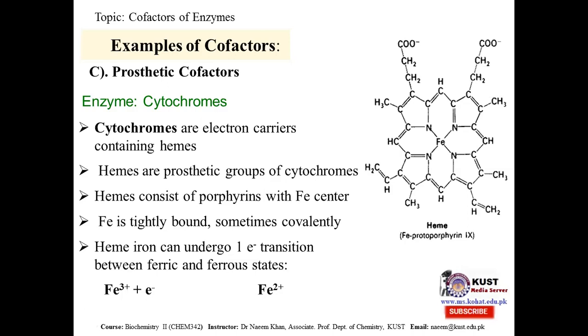Iron +3 when it accepts an electron becomes iron +2, and vice versa. So iron can help the enzyme by providing or removing electrons, and in this way it helps the enzyme carry out the redox reaction. Cytochromes carry out such reactions in the electron transport chain, and they have heme which helps this process. They are the prosthetic cofactors.